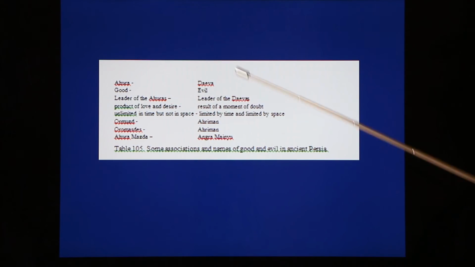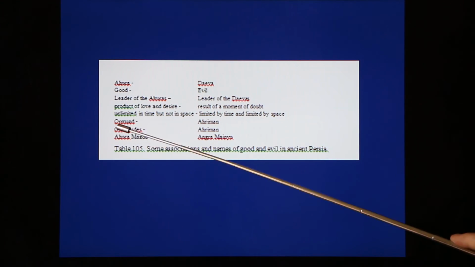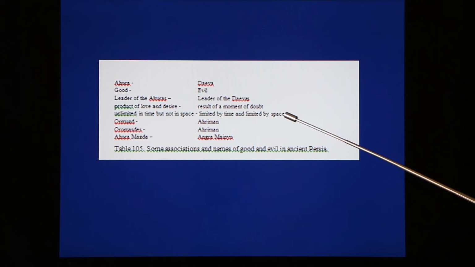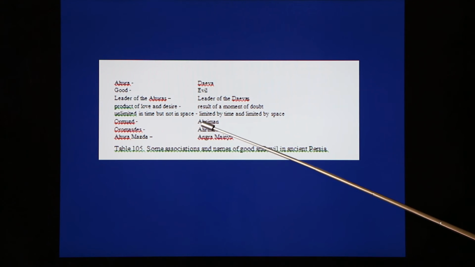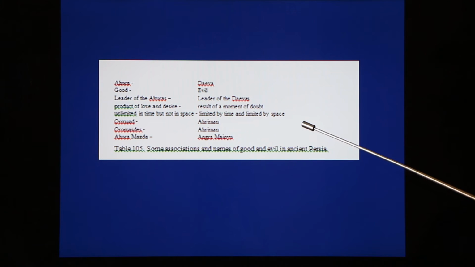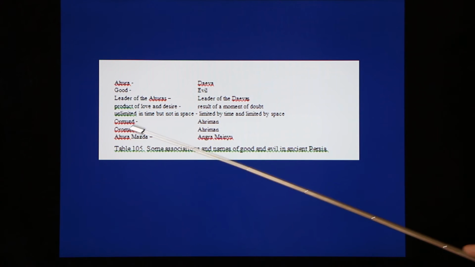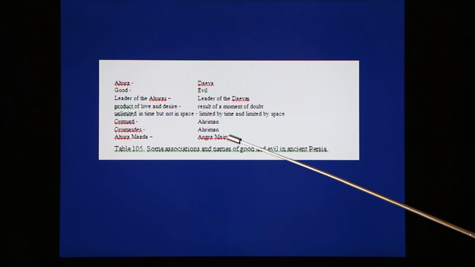Now, another way that you can look at this, remember I said that there is a yin-yang, which you can see as complementary to each other, or you can do it as binary fighting each other. If you do it as complementary to each other, you have Ahura and Deva, good and evil, product of love and desire, result of a moment of doubt, unlimited in time but not in space, limited by time and limited by space, Ormuzd and Ahriman, Oromazdes and Ahriman, Ahura Mazda Angramanyu.